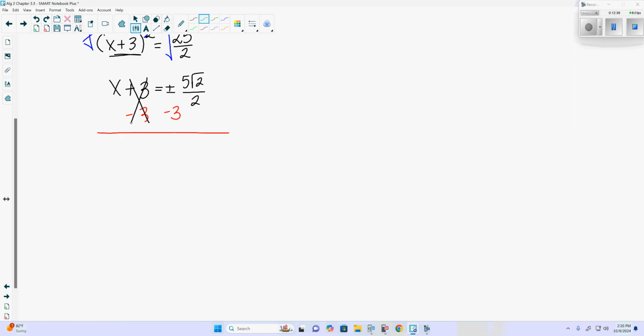Because our 3 minus 3 will cancel. Whenever we add or subtract at this point, we want to put whatever that number is in front of the plus or minus. So when we took the square root of 25 over 2, we're trying to find what times itself is that amount.